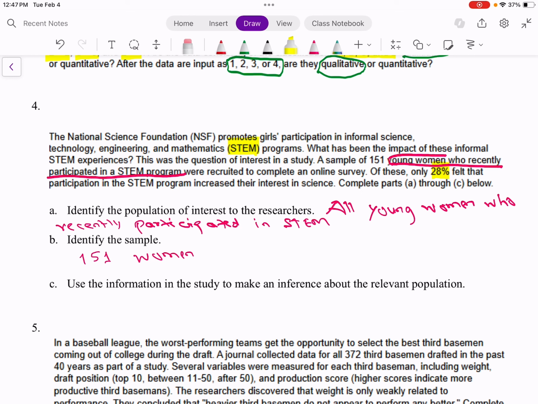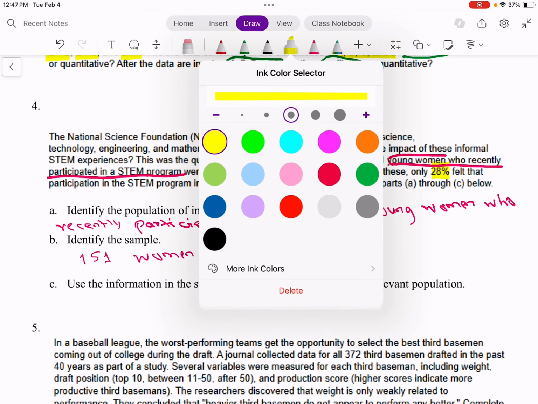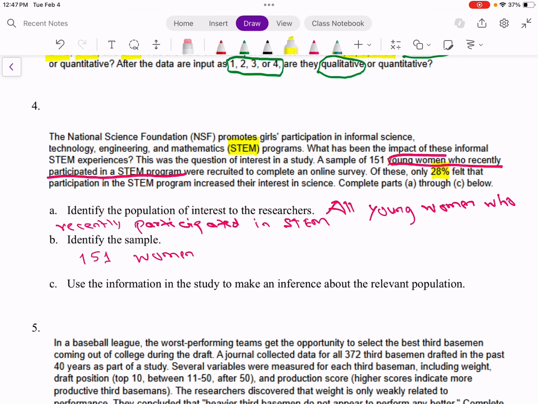Use the information in the study to make an inference about the relevant population. From the study, we find 28% felt that participation in the STEM program increased their interest. Now, how can we use this result to generalize for all young women who participated in STEM? How can we write that?